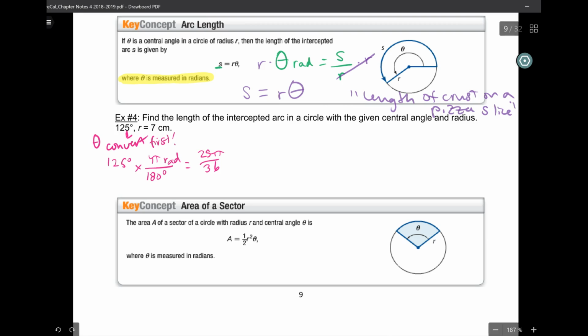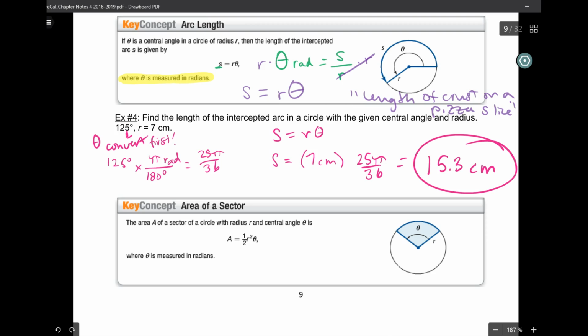I want to know the length of the arc, the length of the crust, so the length of the arc is equal to the radius times the amount in radians. The radius is 7 centimeters multiplied by 25 pi over 36. This is not going to be a nice number, so I'll give it to you in decimal form: 15.3 centimeters.